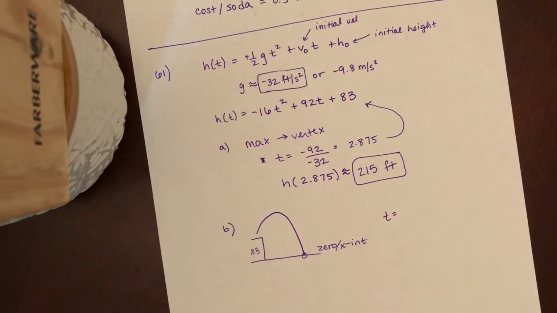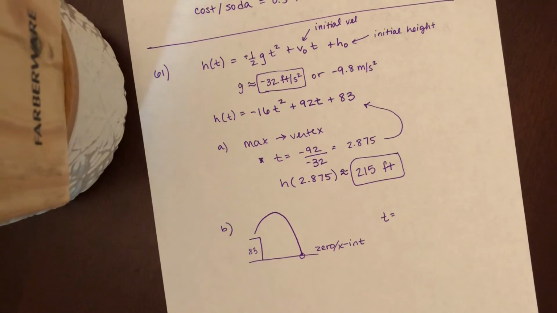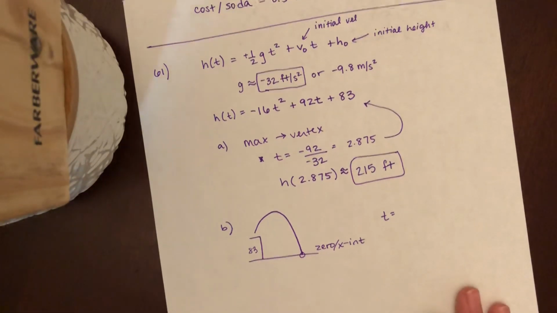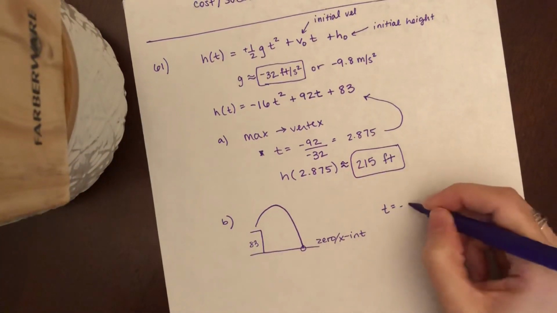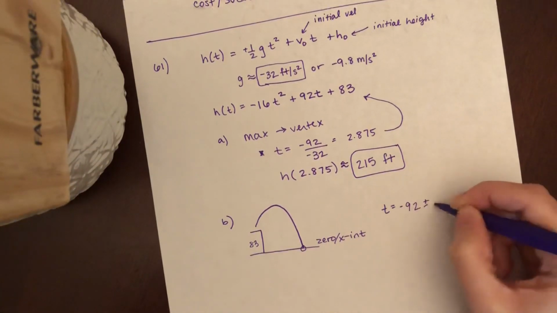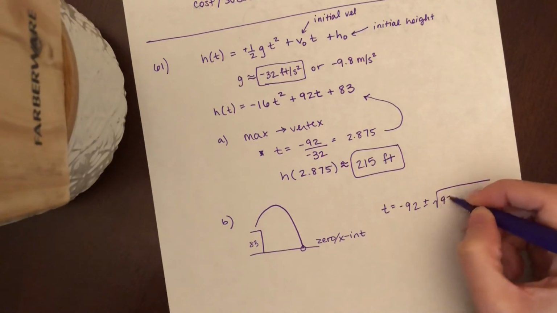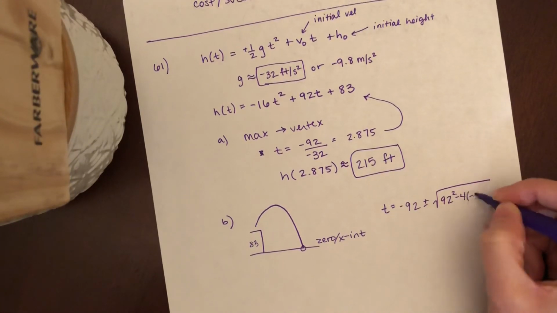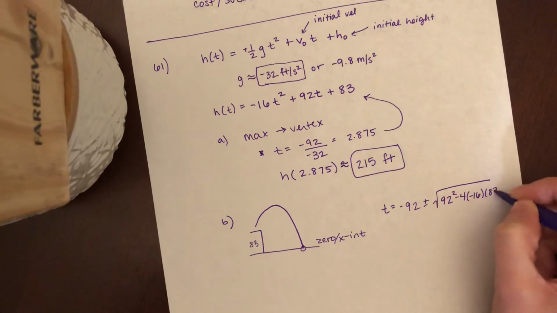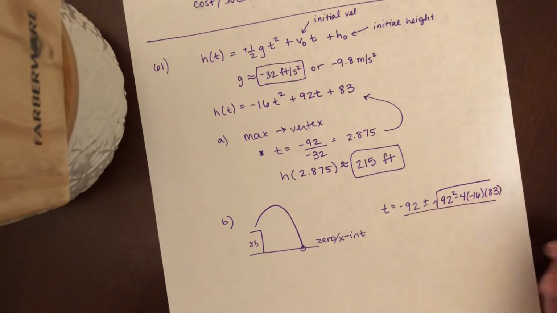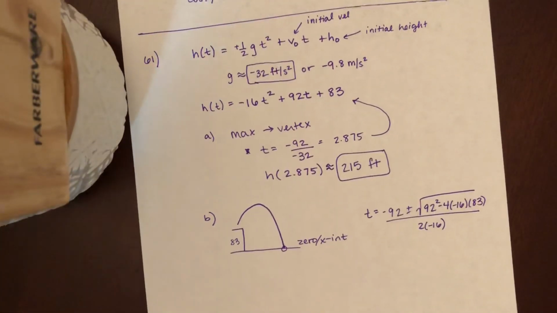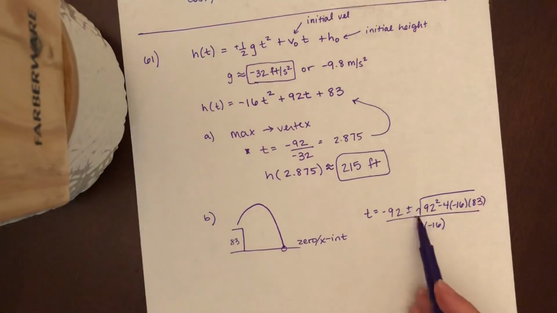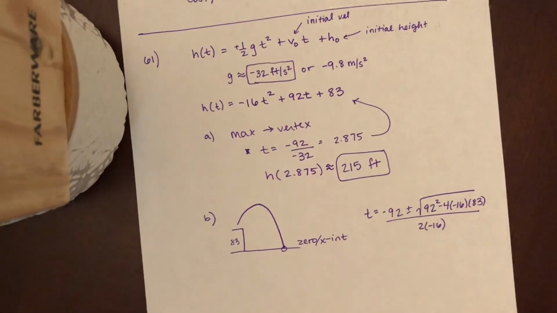Keep in mind it is good to try both ways. I'm not going to necessarily make you do both here, but sometimes you're going to need to know how to do the quadratic formula with decimals, so I recommend you try it if you haven't recently. The nice thing, because it is a word problem, I don't want exact answers. So I do want the decimal, which means you can just plug this whole square root in your calculator.